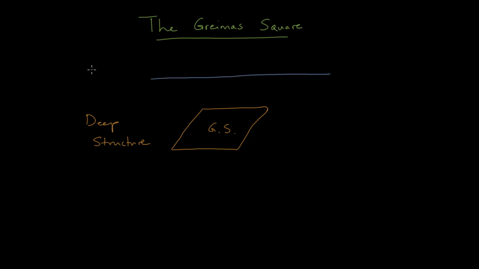All right, so there's the surface. And on the surface, we have things like texts, right? Stories. We might have myths. We might simply have society itself. And somehow the Greimas Square, from the deep structure, informs the surface level.